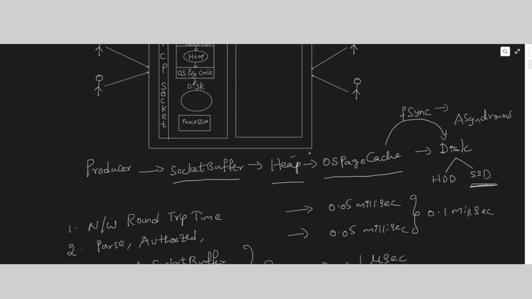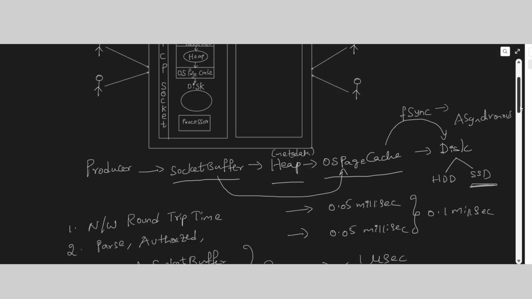To avoid that, we don't push the payload into the heap. We just store the metadata, like headers, etc., in the heap, and the actual payload is moved directly from the socket buffer to the OS page cache, and then to disk. This way, we are avoiding the heap storing huge data. We put very little data into the heap.